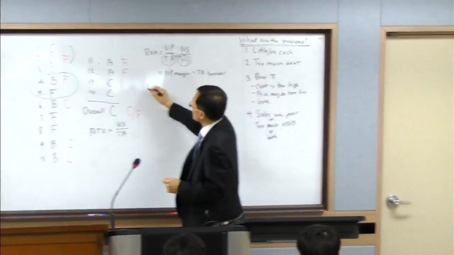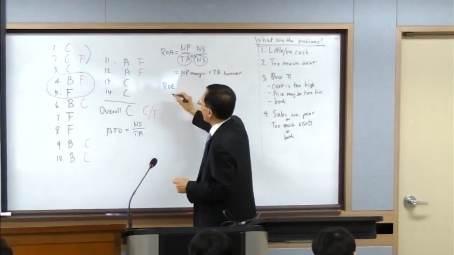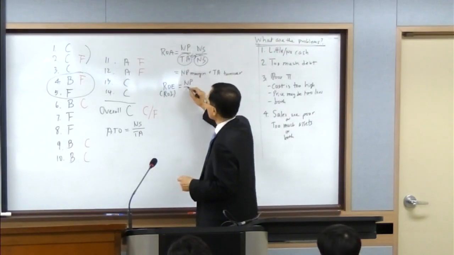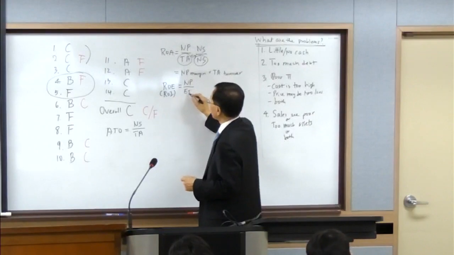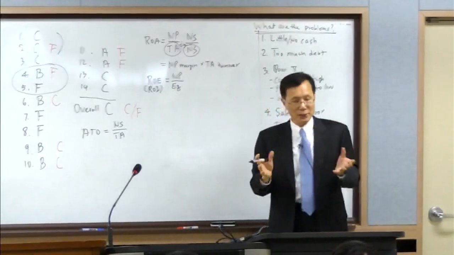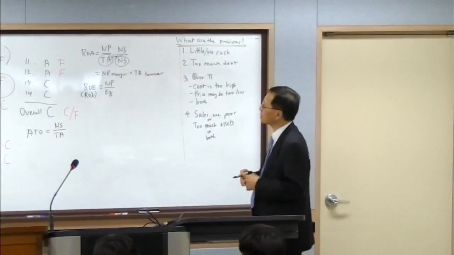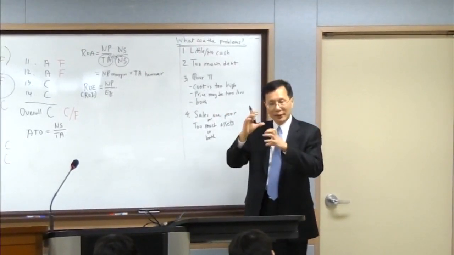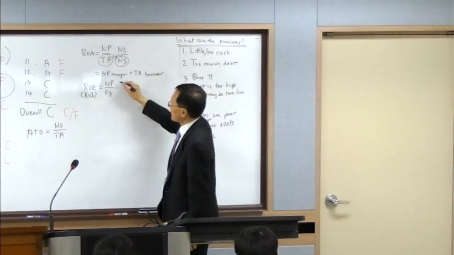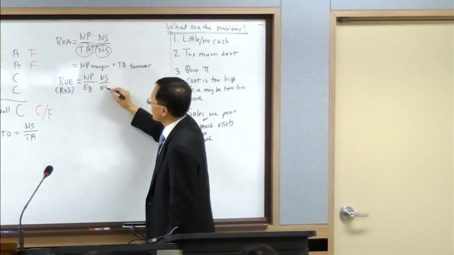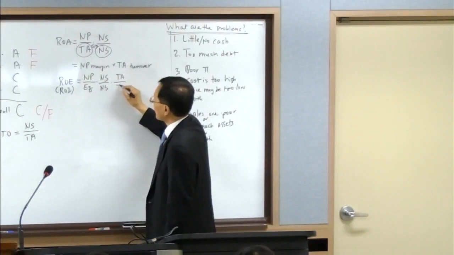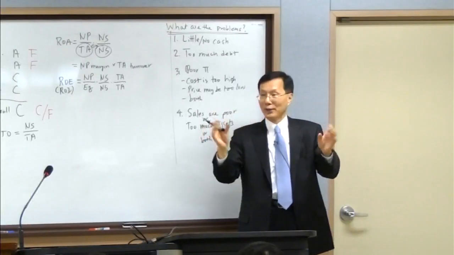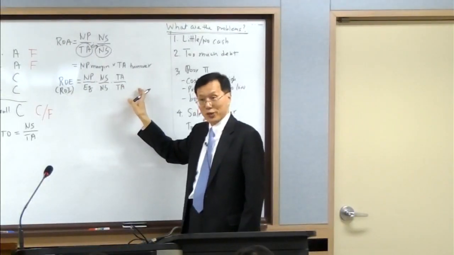Okay, the next one, ROE or ROI, is net profit divided by equity. Let's use EQ for equity. Multiply this by the same thing, net sales over total assets and total assets. It's multiplying one by one, so it remains the same.